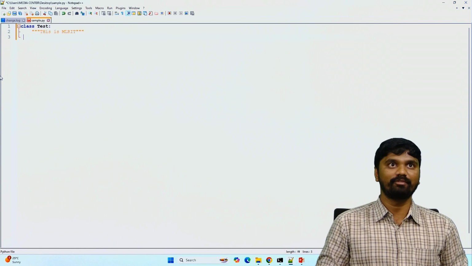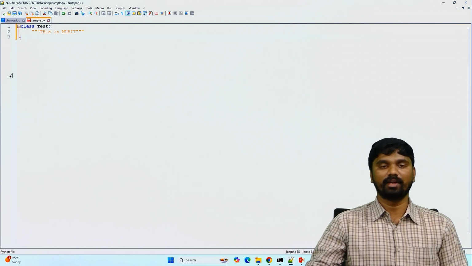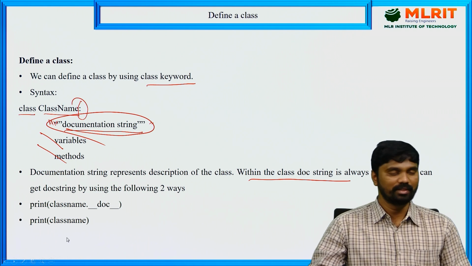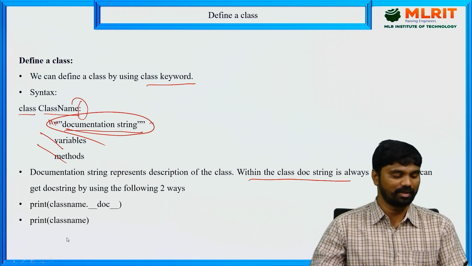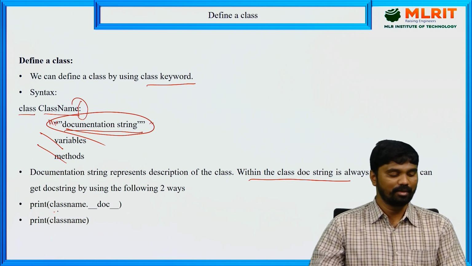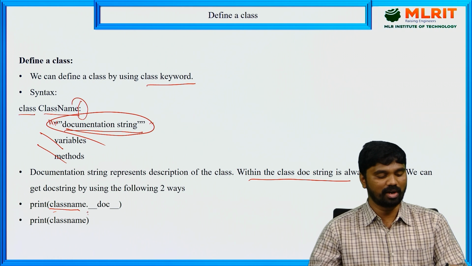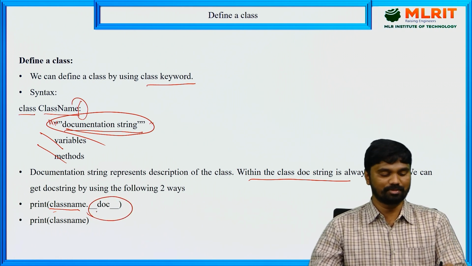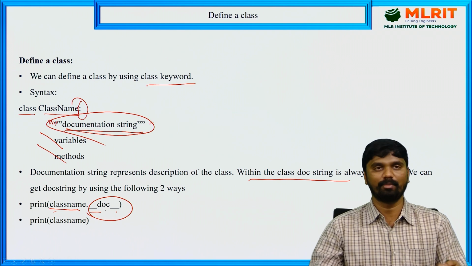Now how can we access the documentation string? There are two ways. One is by using the class name, then the dot, the accessing operator, and then the attribute double underscore doc double underscore.